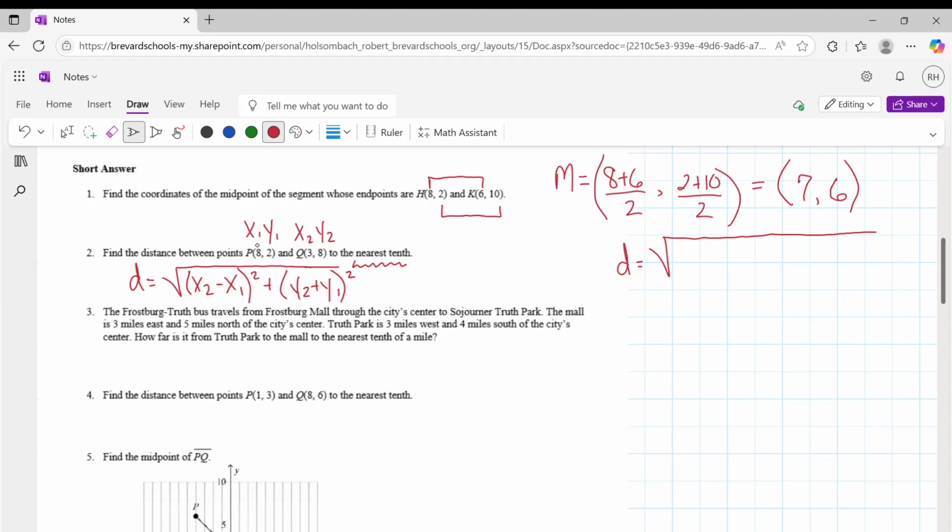We're going to take 3 minus 8. We're going to square it, and we're going to add it to 8 minus 2, and we're going to square that.